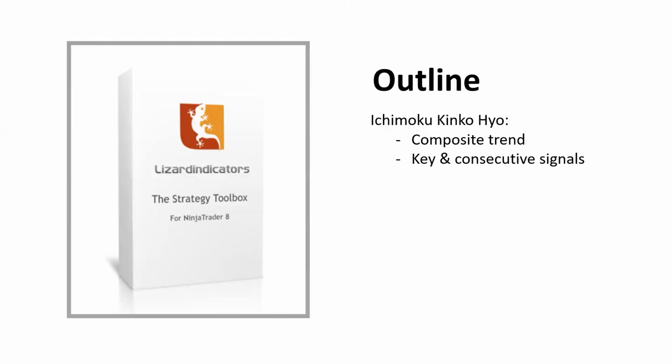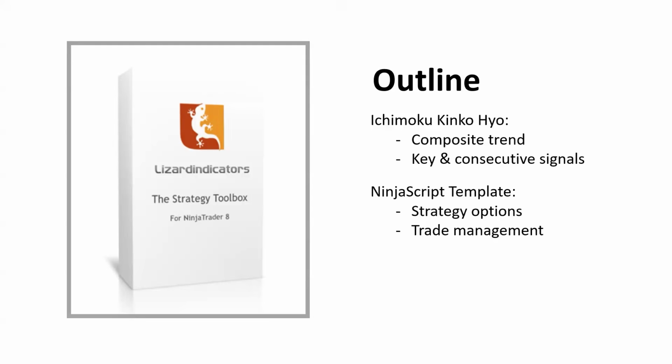So here's the outline. I'll use our premium Ichimoku indicator as an example of how to apply this framework today. We'll start off by explaining the general concept, enough to understand the logic that goes into producing the key and consecutive signals here. Then we'll show you the NinjaScript strategy template that will let you test and optimize using different parameters and time filters, exit requirements, including a break-even trigger or a trailing stop loss.